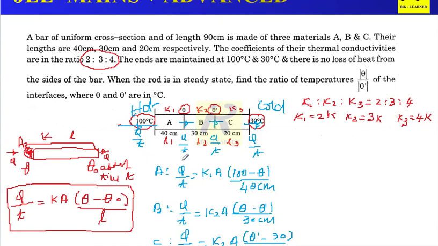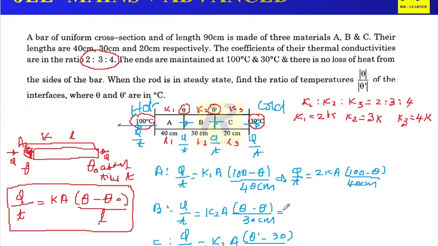So now I am rewriting this. How can I write it? Q divided by T is equal to 2K into A into (100 minus theta), and in the denominator it should be 40 centimeter as it is.